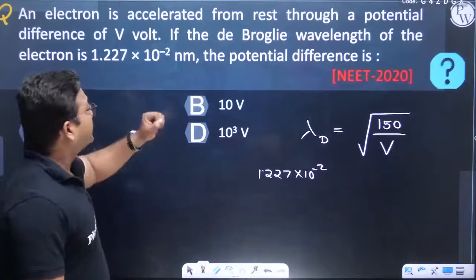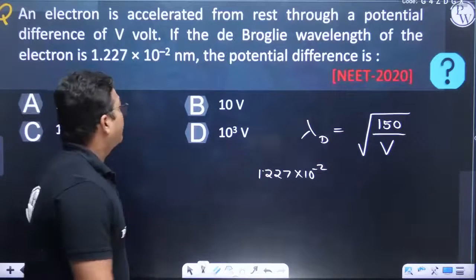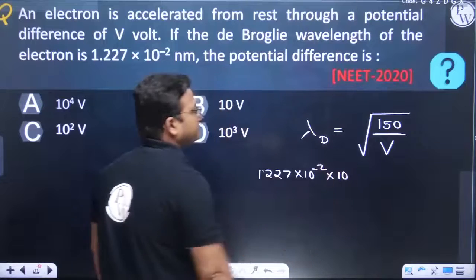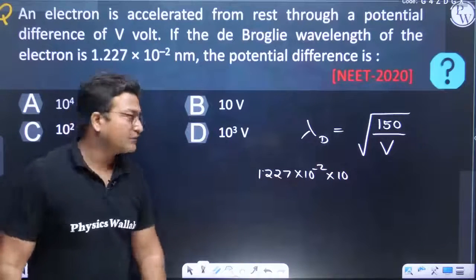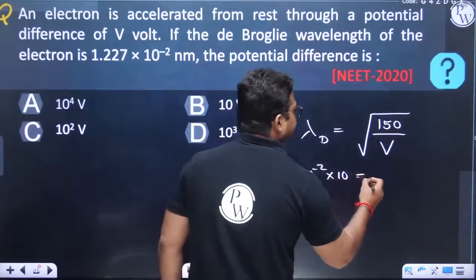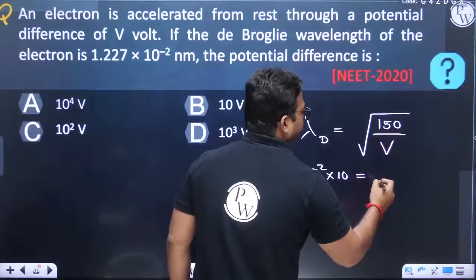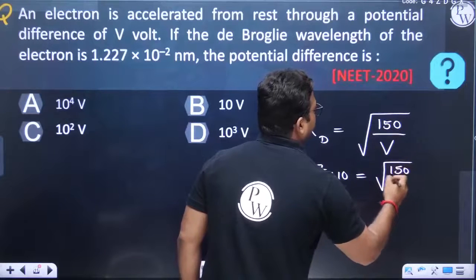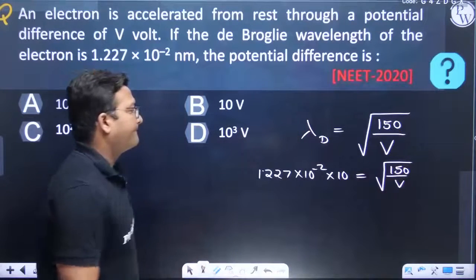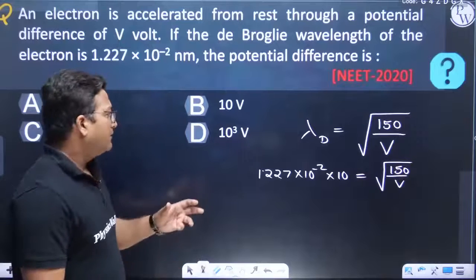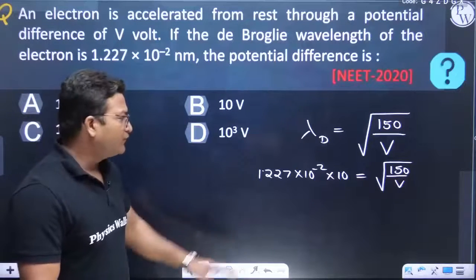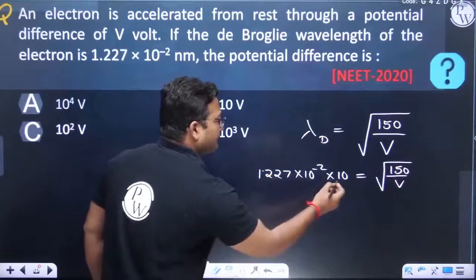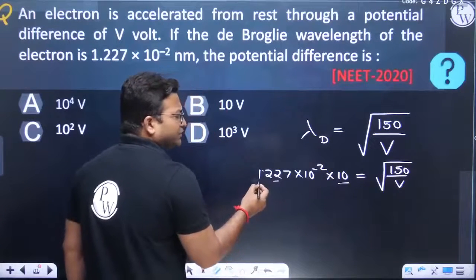If you convert this to angstrom, you multiply by 10, and make it equal to the square root of 150 by V. If you square on both sides, actually multiplying by 10 here gives 12.27.